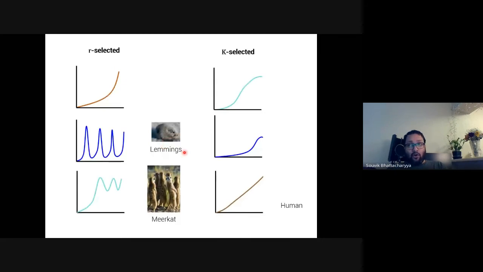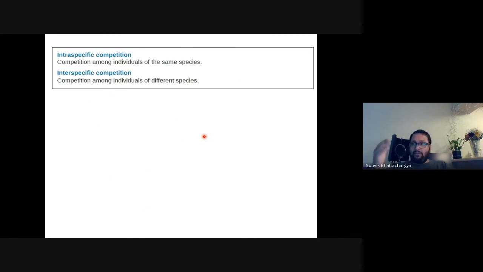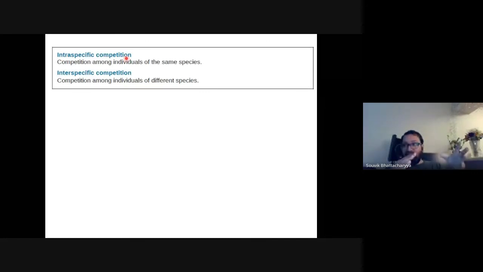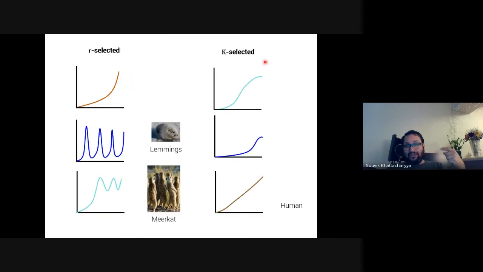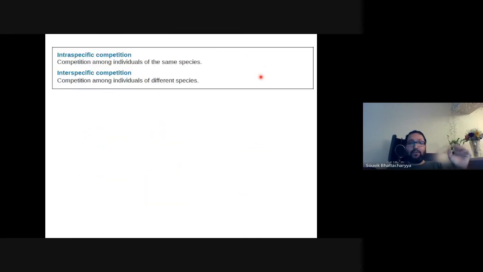But we will not be able to predict all organisms' growth using just simple models like this, because as I said, there is a change in environment, but also there is competition. There are two types of competition in nature. One is intraspecific competition. Lemmings are fighting with other lemmings. That is part of the growth dependence that we saw before, so the carrying capacity is part of it.